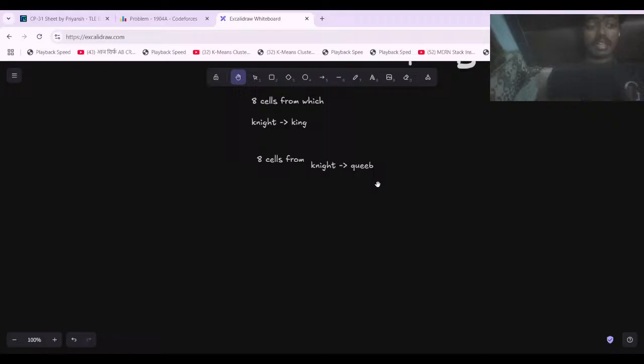If I have 8 cells over here and 8 cells over here, the common cells present in both the king-attack side and the queen-attack side are the cells from which, if the knight stood at that location, he would be able to attack both the king and the queen. So you can imagine this problem as a set problem.